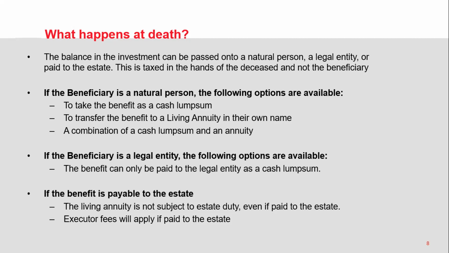So even if it's paid to the estate, no estate duty will be applicable to the portion. But executor fees will apply if it is paid to the estate. So if it's paid to a natural person or legal entity, then executor fees and estate duty won't apply. But if it's paid to your estate, then executor fees will apply to that portion.